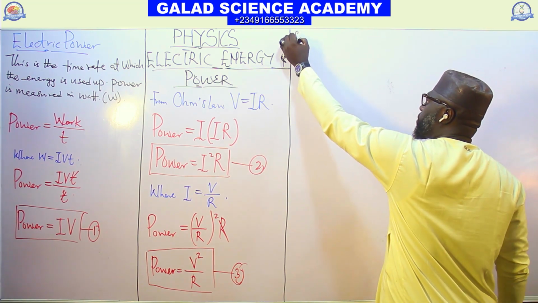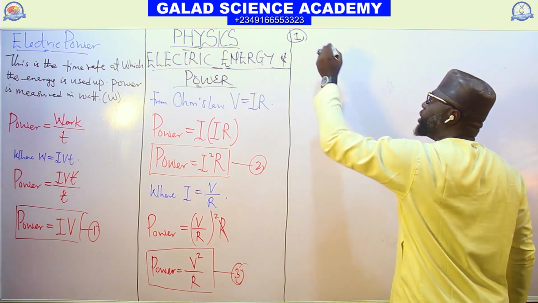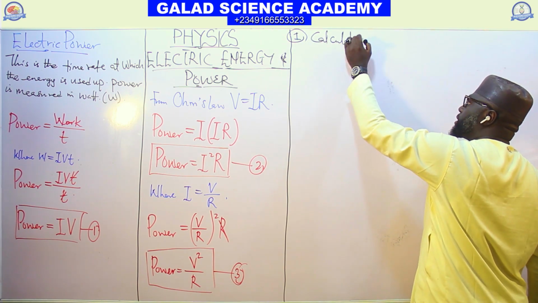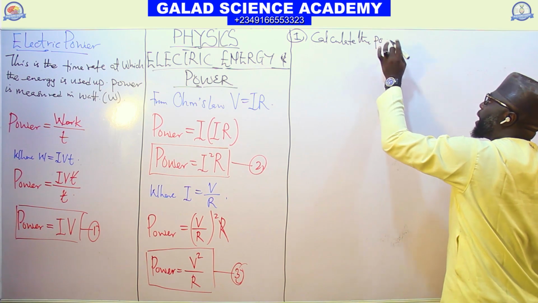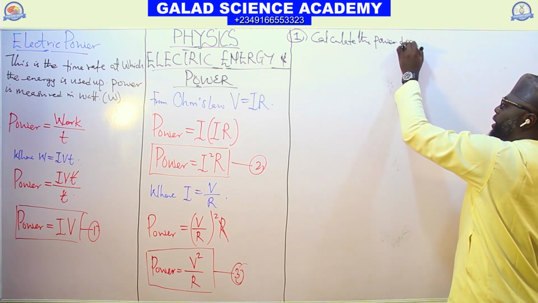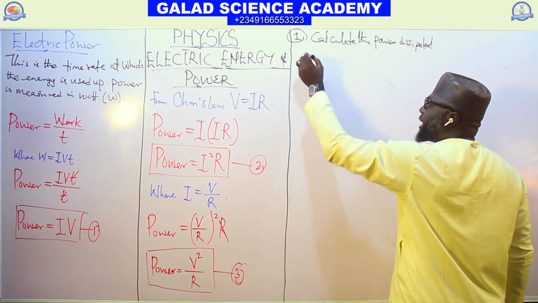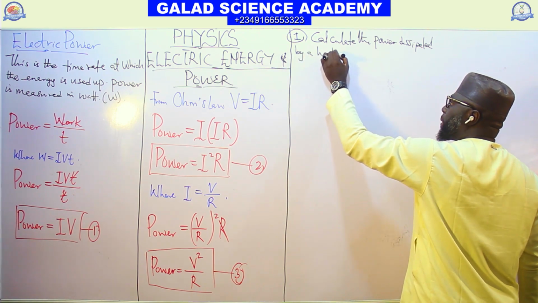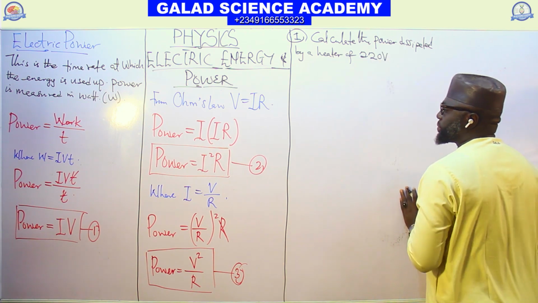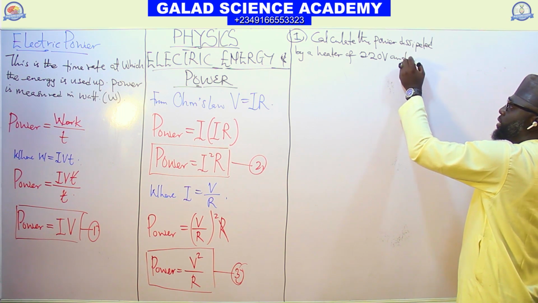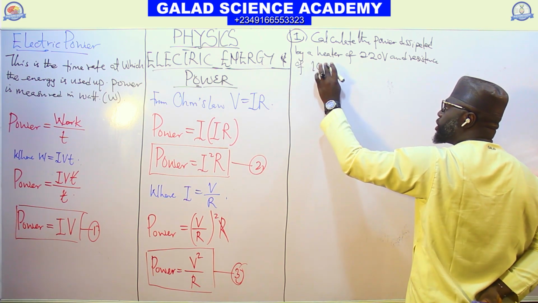So example one. Let me say you're asked to calculate the power dissipated by a heater of 220 volts and resistance of 10 ohms.